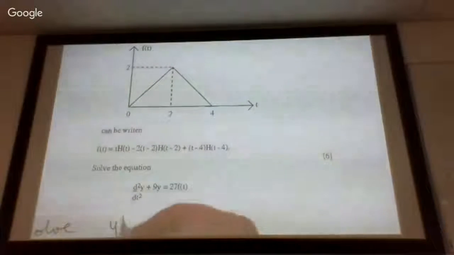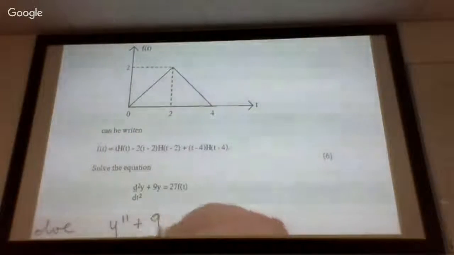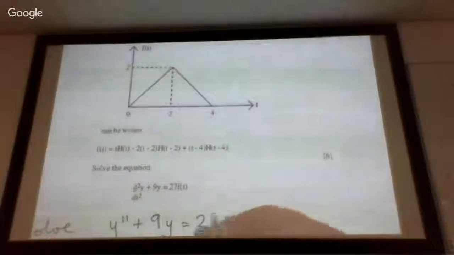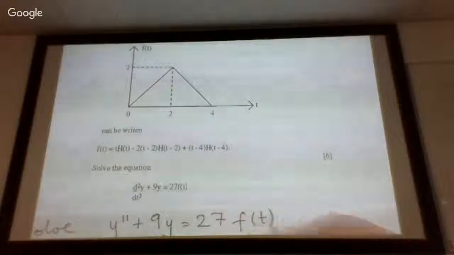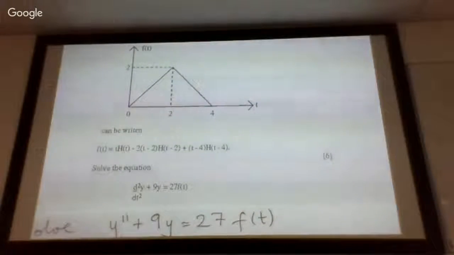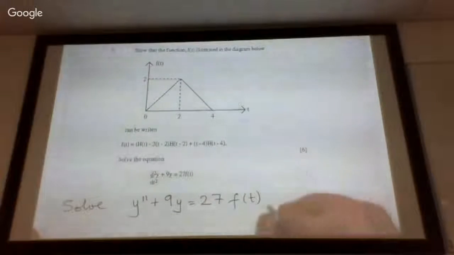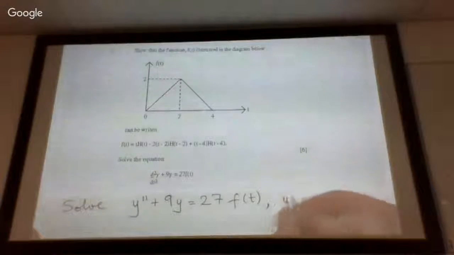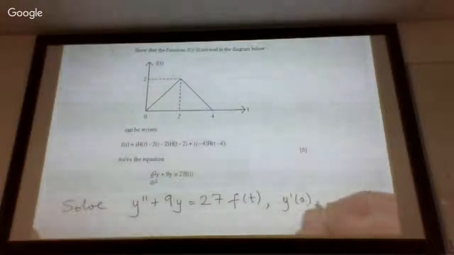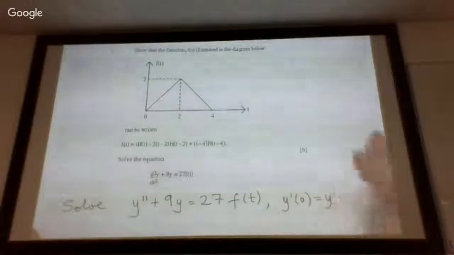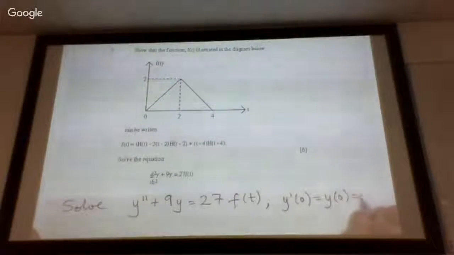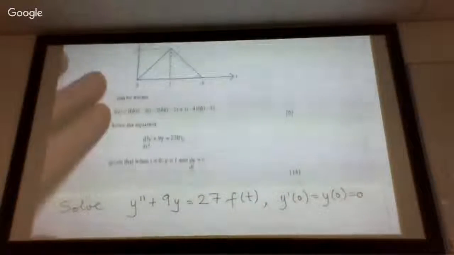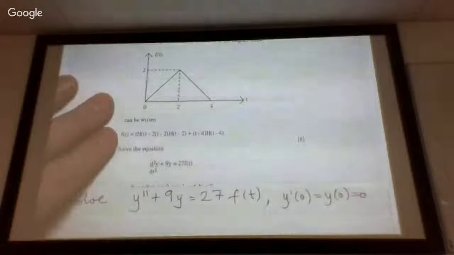It's the second derivative of y plus 9y equals 27 f of t, subject to the initial conditions that y, the first derivative of y, and y itself, are both 0 at t equals 0. So you've got these zero initial conditions.